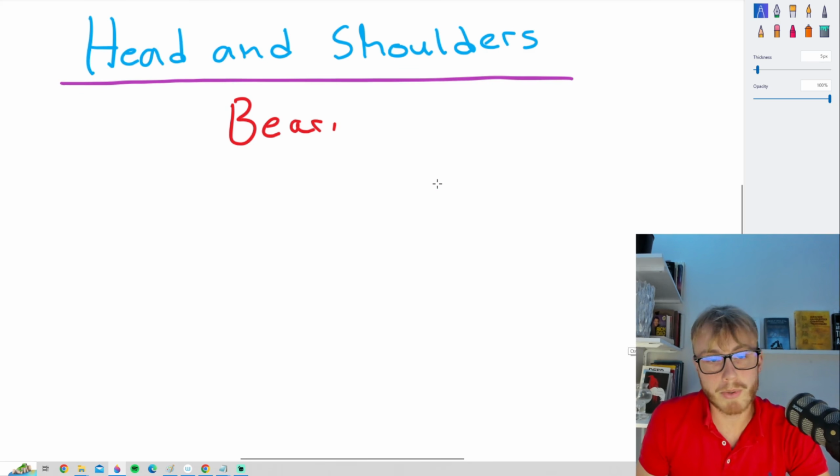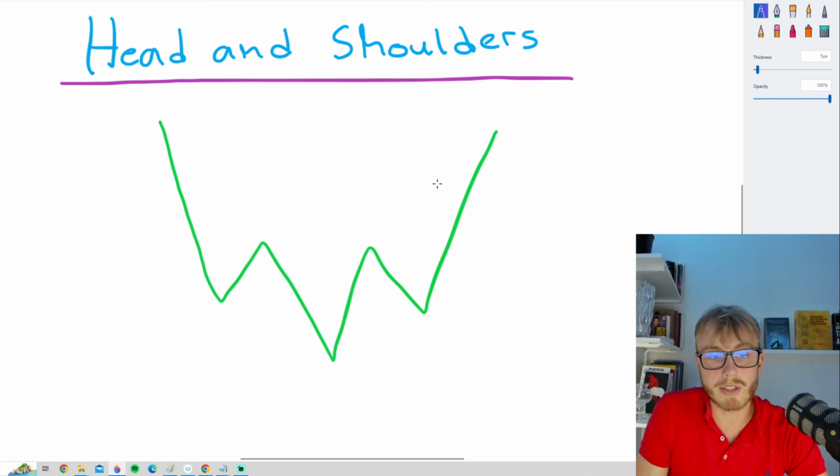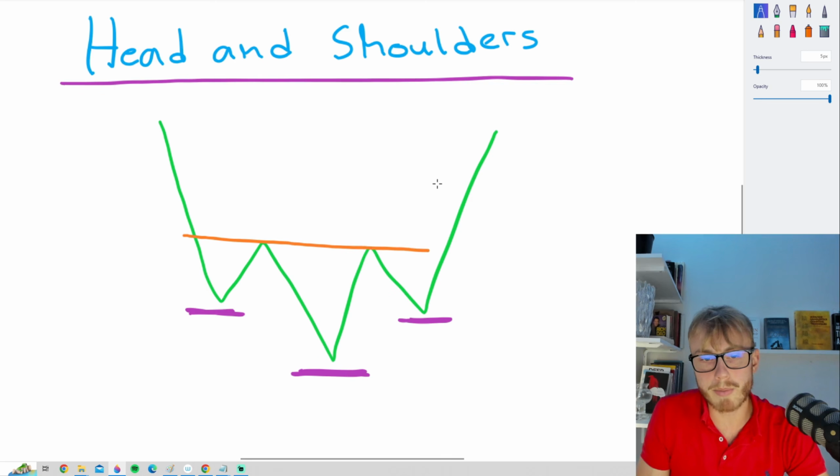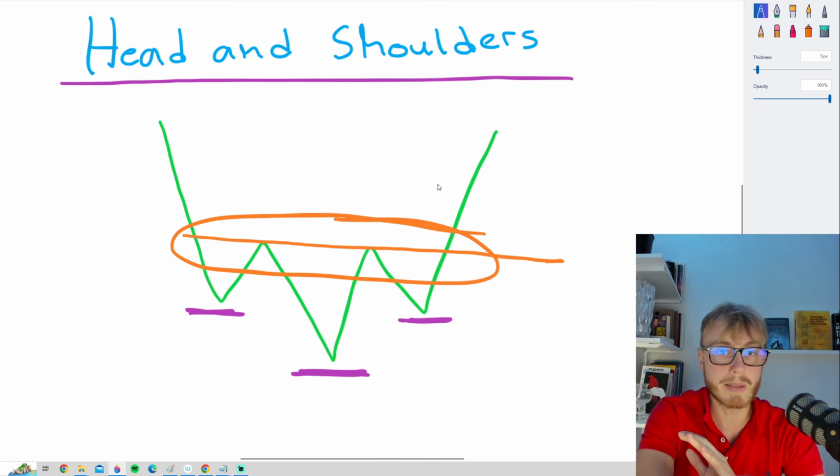Of course, we have a bullish version of this one as well. I will not talk as much about this one, but it's basically the opposite of what we recently talked about. In a perfect world, it looks something like this. We print one low, we print a lower low, and then we print a higher low. Then we draw a resistance line, and one important thing about these head and shoulders patterns is that many times the support or resistance line will not be perfectly straight.